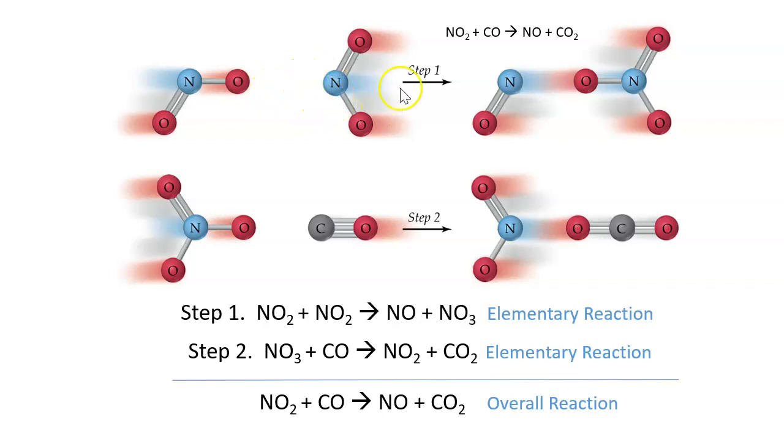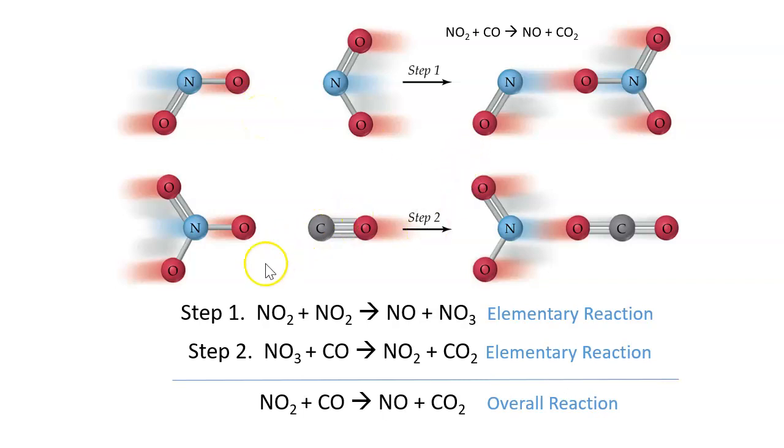In this case, this step is represented as 2NO2 yields NO plus NO3, and now we can use the coefficient of the reactants as the order. So the order and the molecularity for an elementary step are the same.